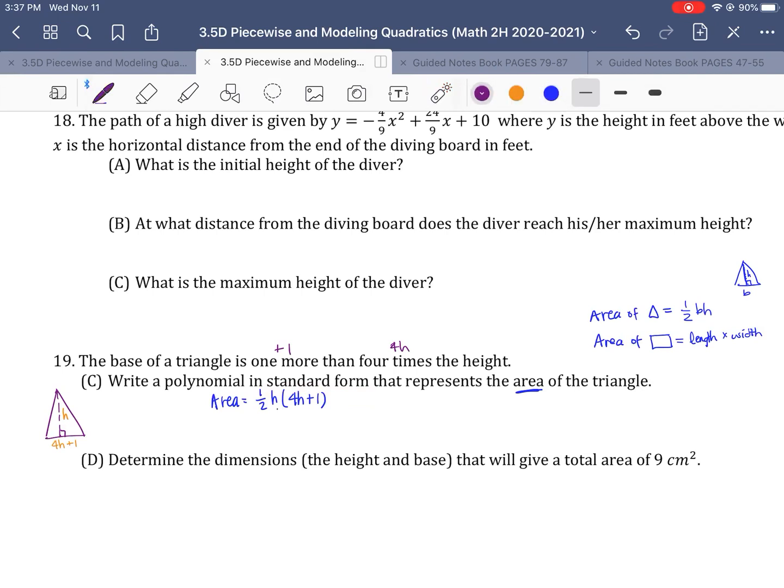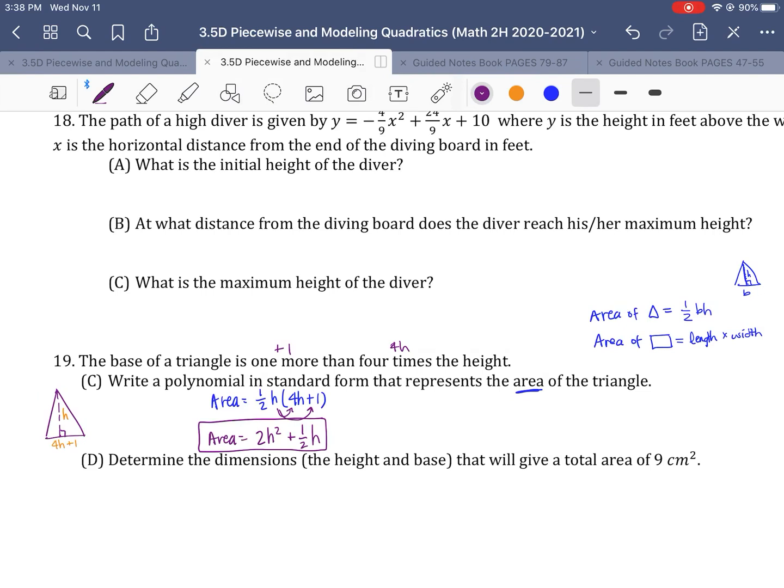So let's distribute in the 1/2 h. The area here would be equal to 1/2 times 4, which is 2h squared, plus 1/2 h times 1, which is just 1/2 h. So this right here is in standard form, and it's a polynomial that represents the area.